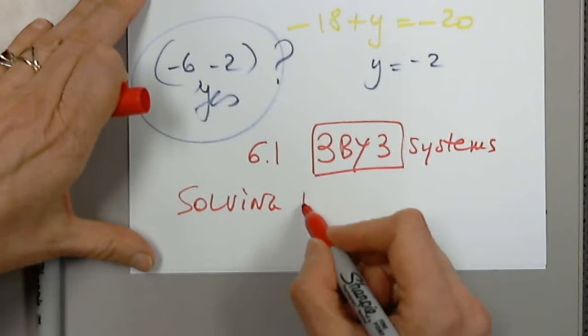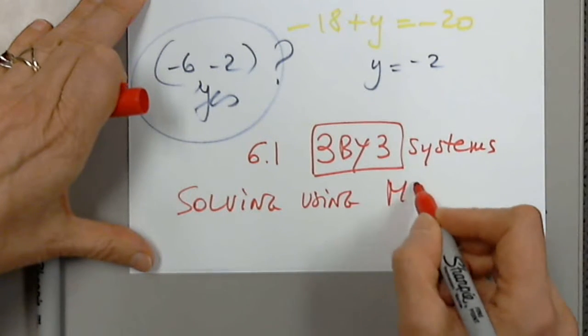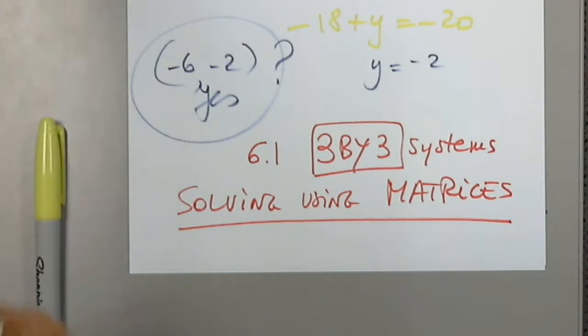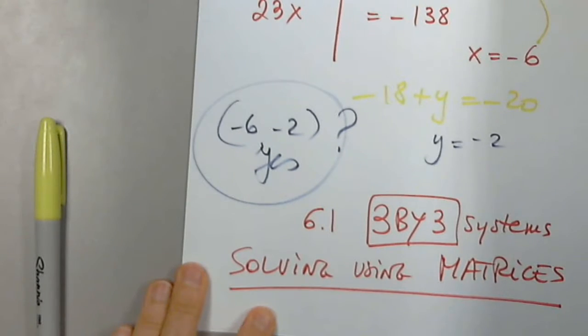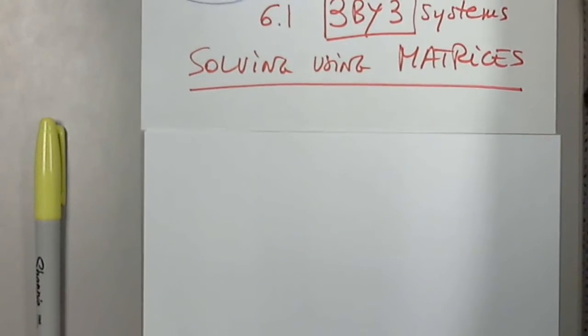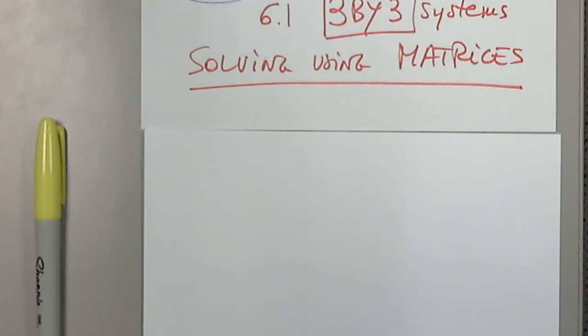Solving using matrices. And not for systems like the ones we just looked at, 2 by 2, but 3 by 3. More complicated situations. 6.1, yes. We'll come back.